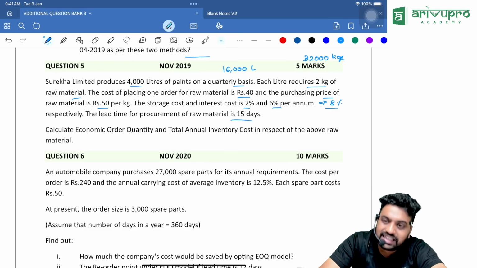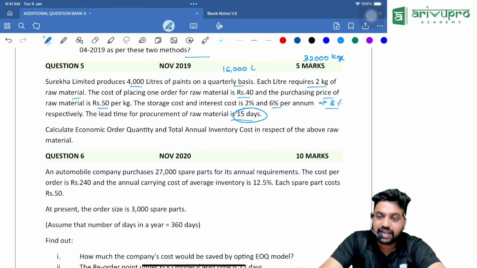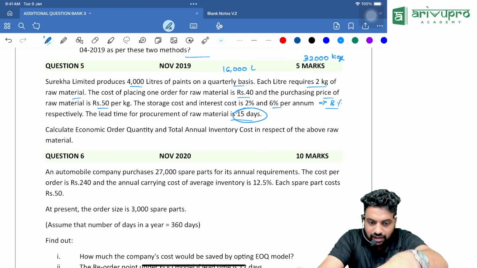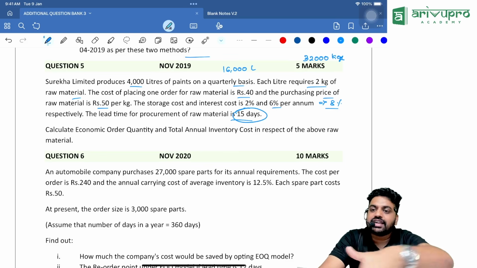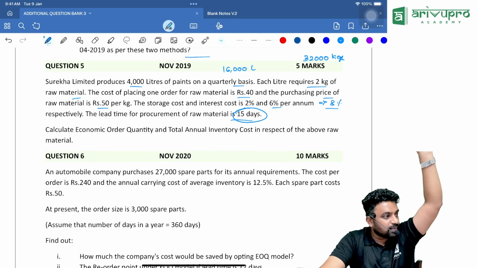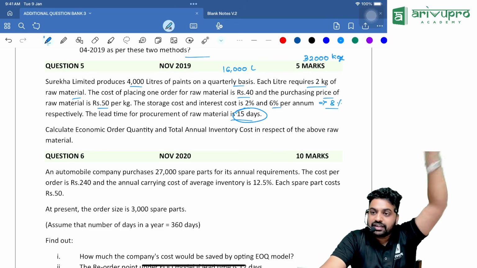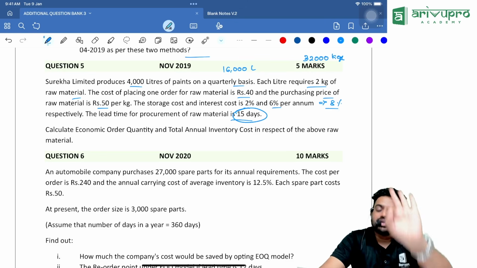Here, they are telling that if you take a month, 15 days is lead time. That is, if you place the order, let's say in the middle of the month, by the end of the 30th you will get the order, which means whatever you get in the beginning, you are using from day 1 till day 30.